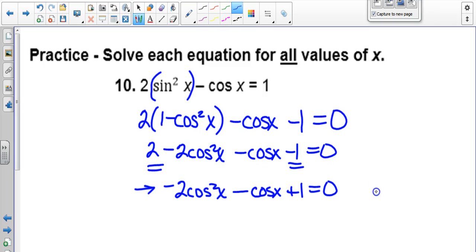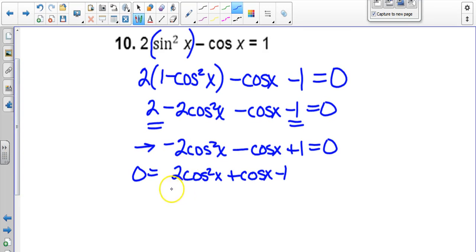So yeah, I can move everything to the other side, or I could multiply through by a negative 1. It doesn't matter. It's the same thing. So if I move it all, I would have 2 cosine squared plus cosine of x minus 1. I just don't like dealing with a negative a coefficient when I go to factor.